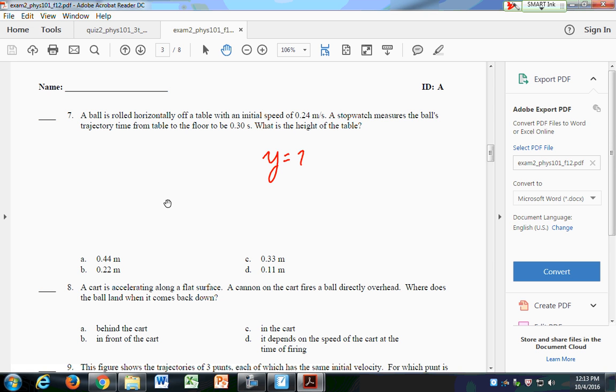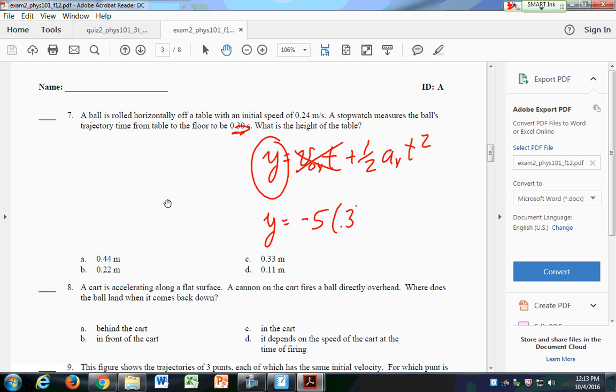You just say y is equal to v naught y times t plus 1/2 a_y t squared. V naught y is 0, just like in that first problem with the plane. And a_y is -10. You know t right here, so then you can solve for y. So y would be equal to -5 times t, which was 0.3 seconds, squared.